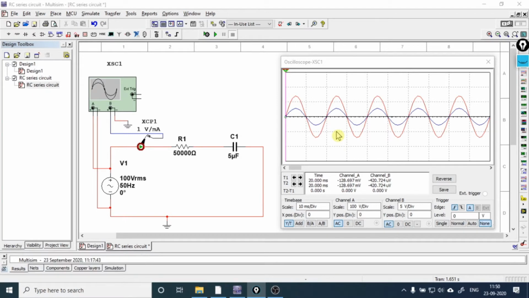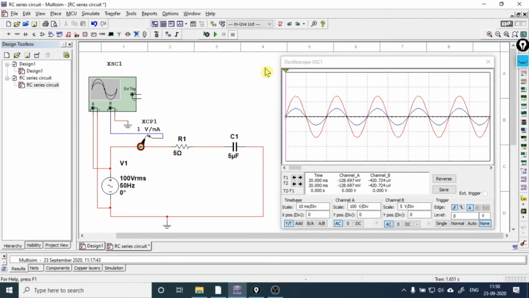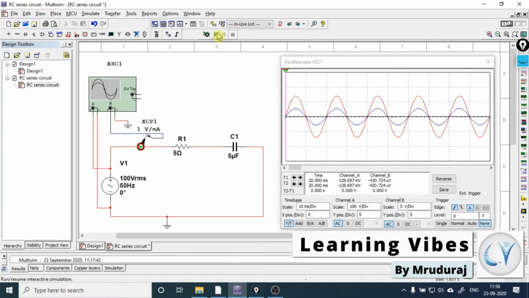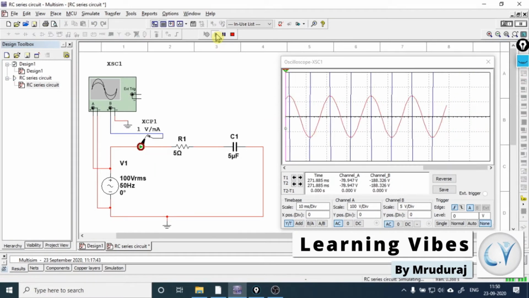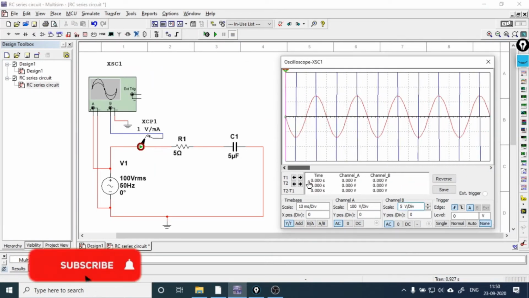Now we will see when the circuit is purely capacitive. So we are going to reduce the value of this resistance to almost 5 ohm. Now this circuit has become almost a capacitive circuit, right? Now we'll run this simulation, stop it and observe.